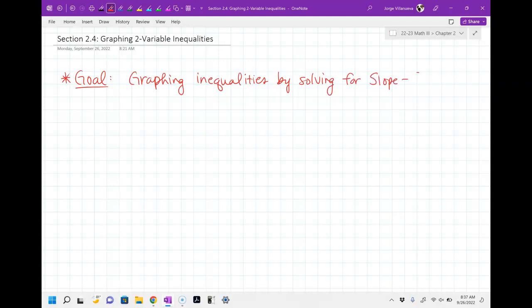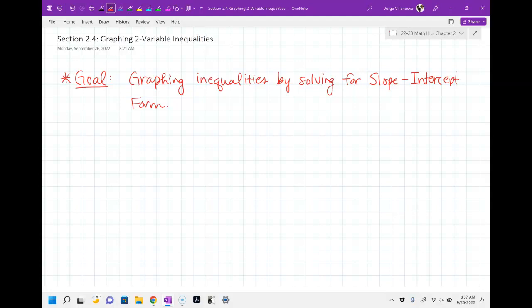Okay, this is what we need. We need to put them into slope-intercept form. Once we have them in slope-intercept form, it's assumed that you guys are going to have no trouble graphing once it's in y equals mx plus b.